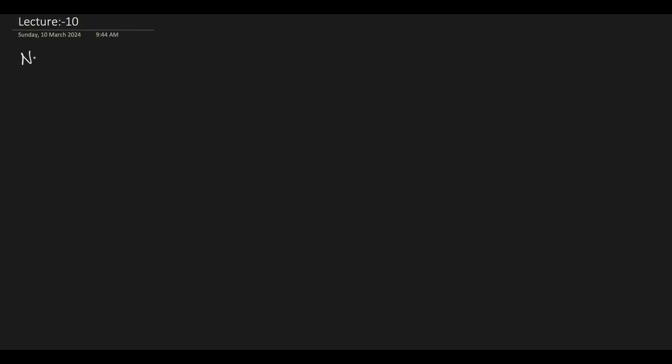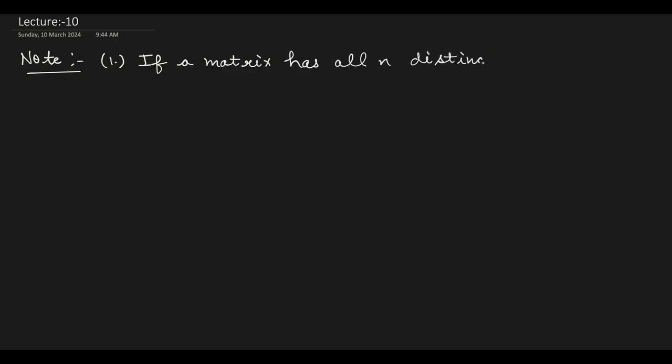Now next is a small note. If a matrix has all n distinct eigenvalues, then the matrix is diagonalizable.